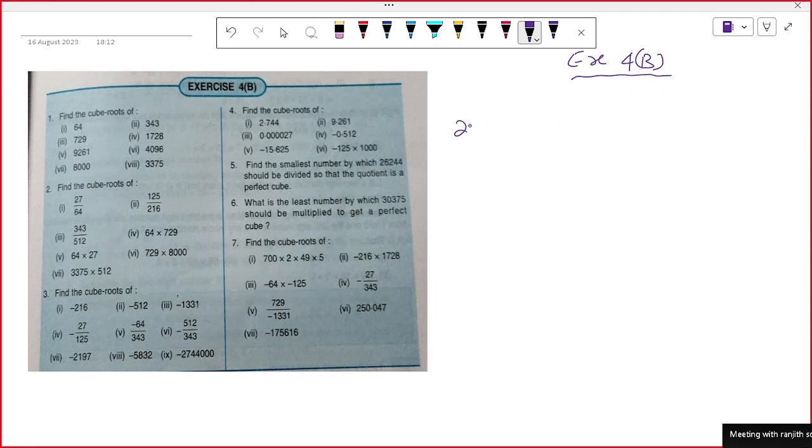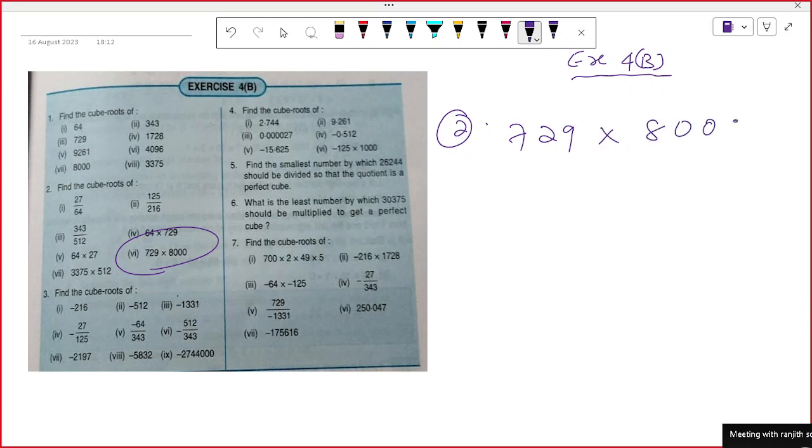Okay, second main. Which question shall we solve from the second main? Pick any one question from second main. The sixth question, sir. This one, 729. Yes, sir.